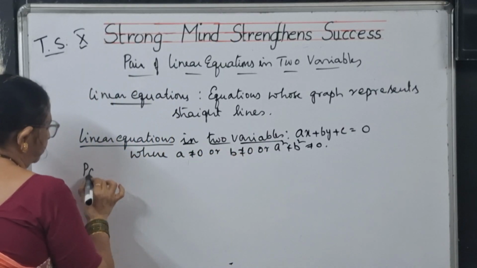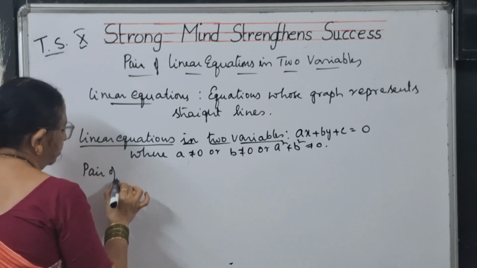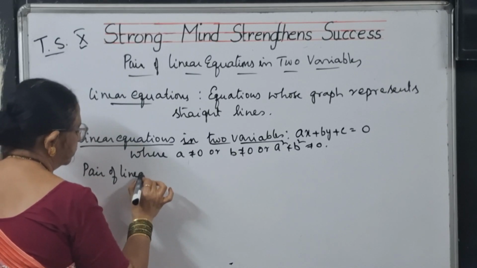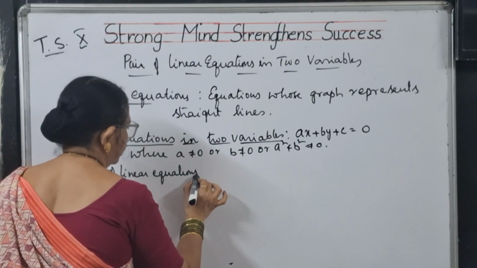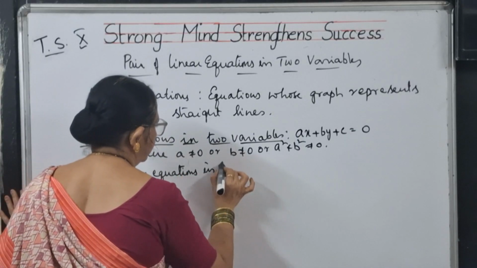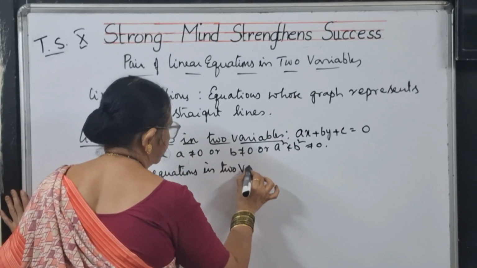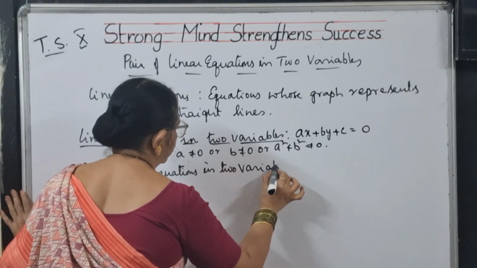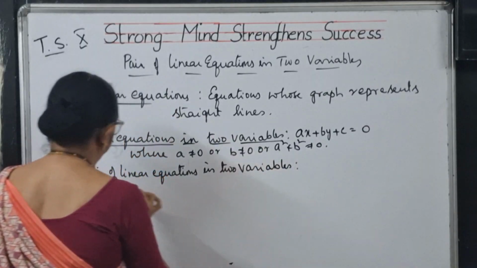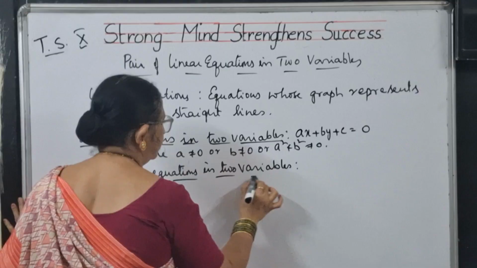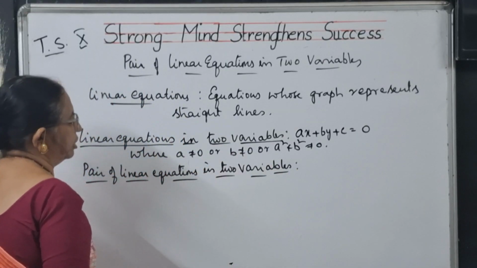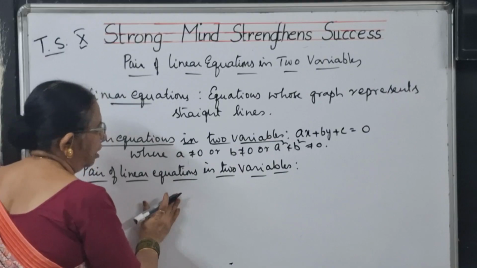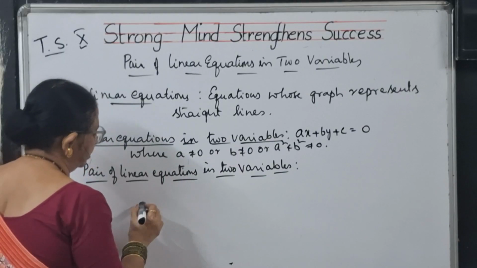Now our topic is pair of linear equations in two variables. Pair means set of two. In this case, how are the equations represented?